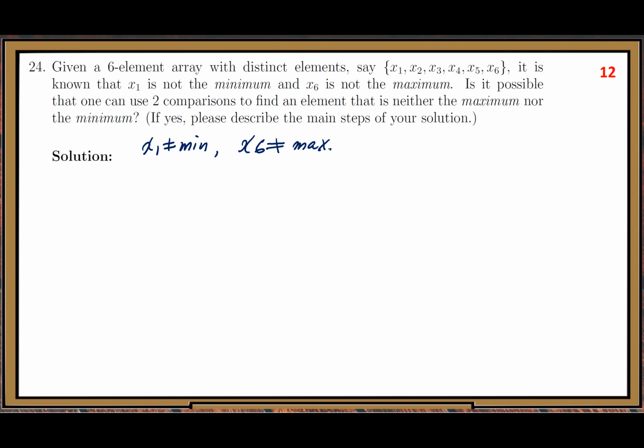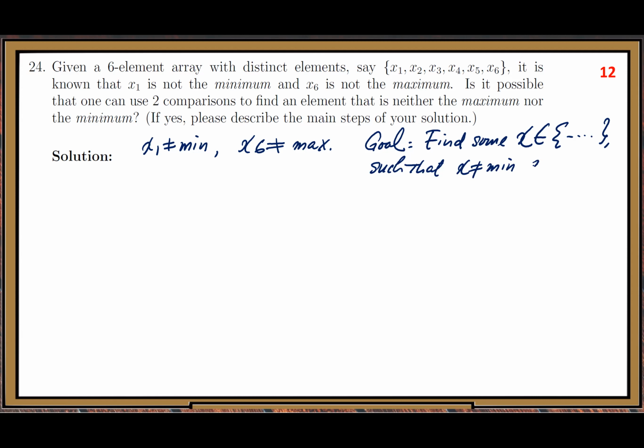Our goal is to find some element, let's say x, among the array such that x is not equal to min and x is not equal to max.